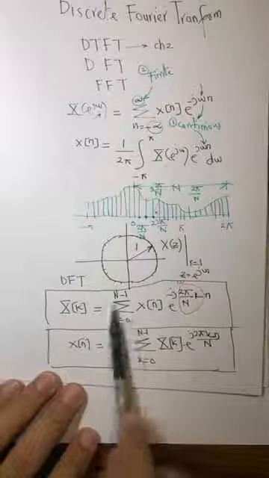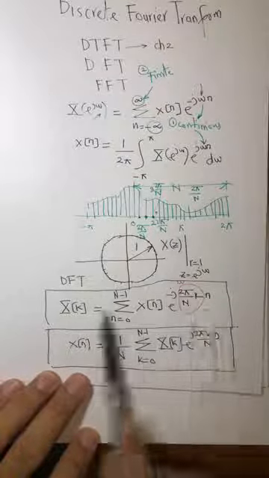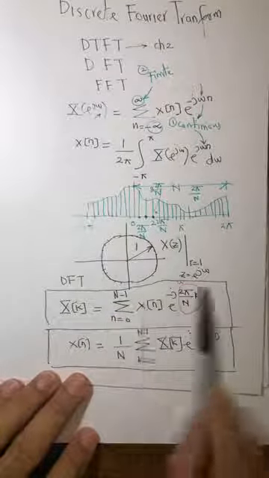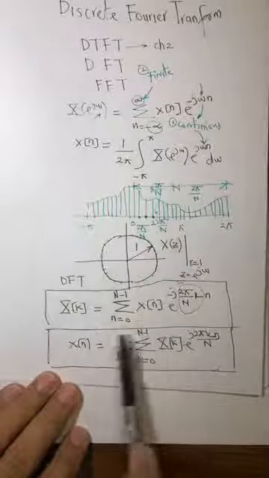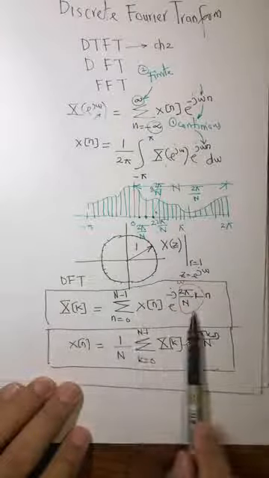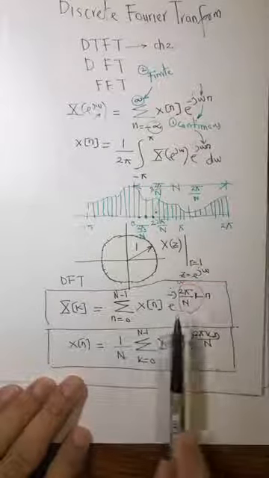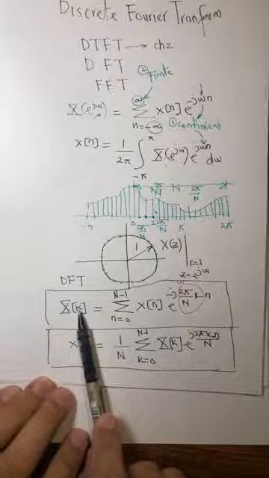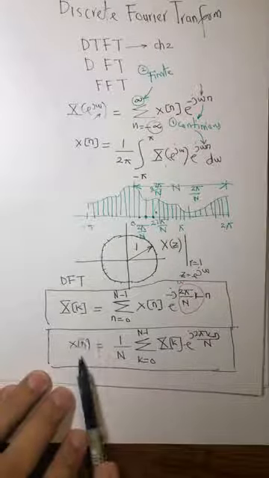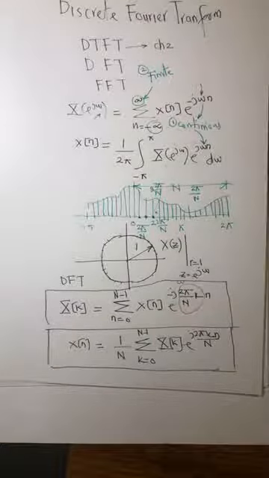Then there is another loop which runs over n from 0 to n minus 1, and you are just multiplying and adding. Calculate one value, go to the upper loop, calculate the other value. So a very simple program, which would not take you much time, to calculate the discrete Fourier transform or inverse discrete Fourier transform. So we have actually discretized.